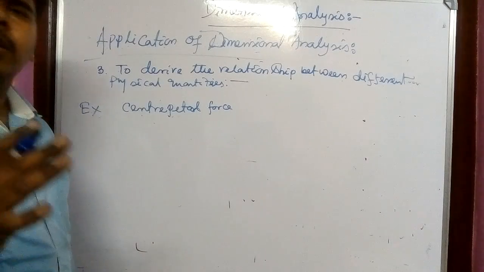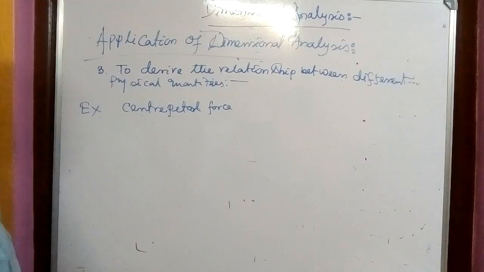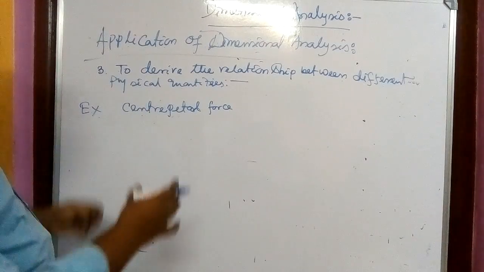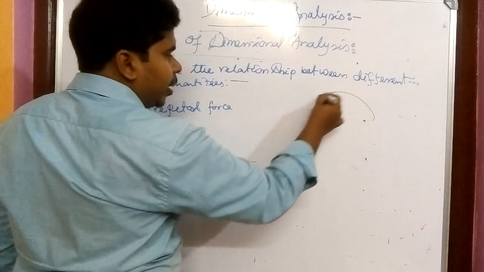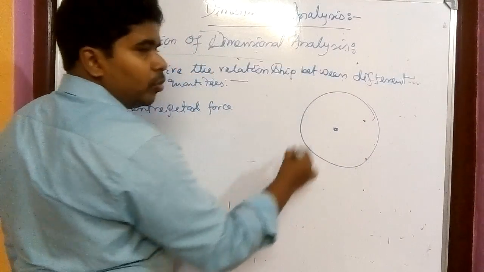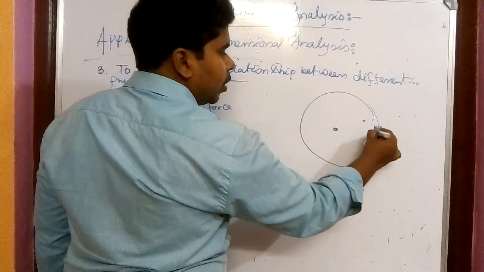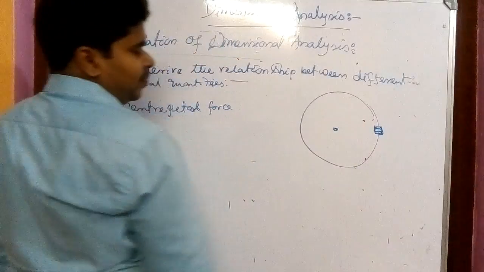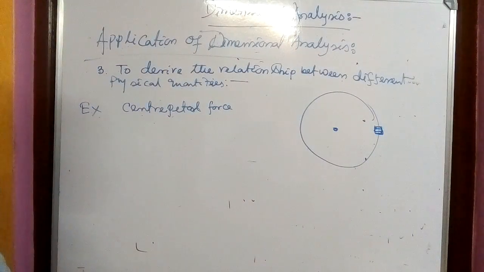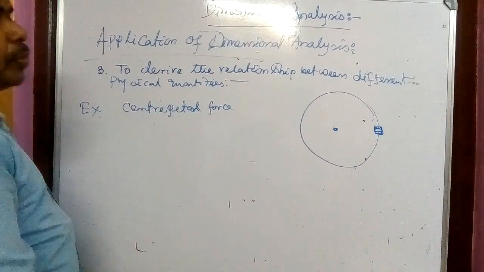No problem, I'm telling you again, this term also you have to learn in class 11 again. So for yourself, it is simply a force which is generated in uniform circular motion. Uniform circular motion, you know, if a body moves in a circular path with a constant speed, that type of motion is uniform circular motion, and there one force is generated, that is centripetal force.